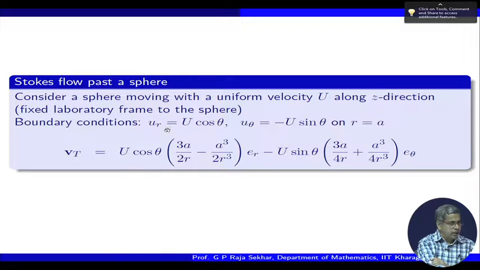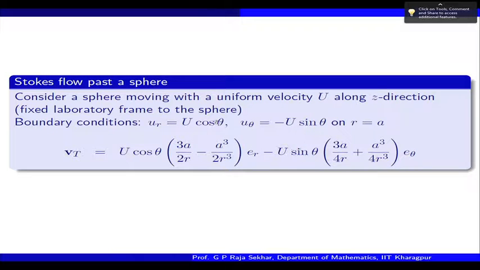Therefore, the boundary conditions to be satisfied are the corresponding uniform velocities on the surface. If one can please recall, we have solved the Stokes flow past a sphere problem using the stream function and computed the corresponding velocities. These are exactly this. The only difference is you would have seen these terms before in the radial and this term before in the tangential velocity.